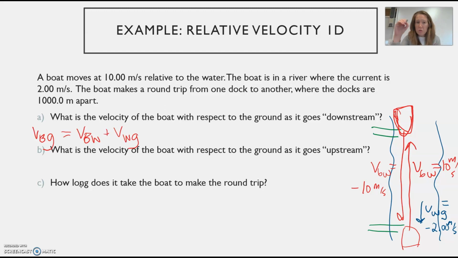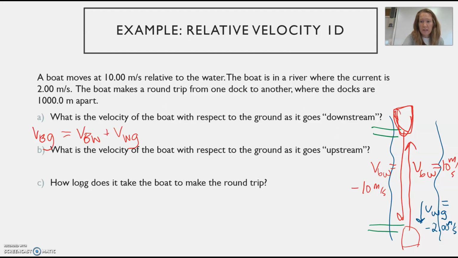And the W's would cancel, quote unquote, in the middle there, or they match each other. They're both lined up in the middle. So that matches VBG, which is what I'm going to get when I add those two. All right, so this is a correct equation.